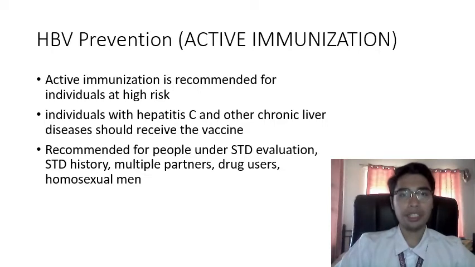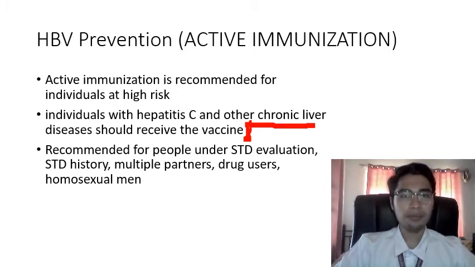Active immunization as a mode of prevention is recommended again for individuals at high risk. Individuals with hepatitis C, we will talk about it soon, and other chronic liver diseases should receive the vaccine. Why is that? I will tell you later why hepatitis C is usually prevented by having the hepatitis B vaccine.